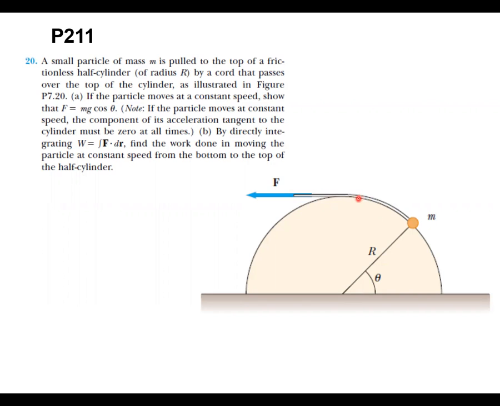If the particle moves at a constant speed, so the speed v equals constant, show that F applied equals mg cosine theta.